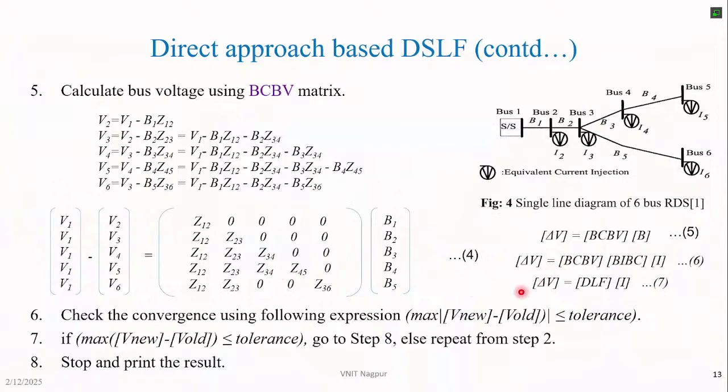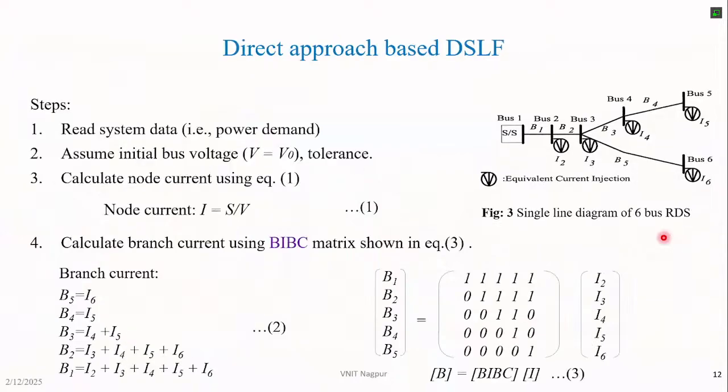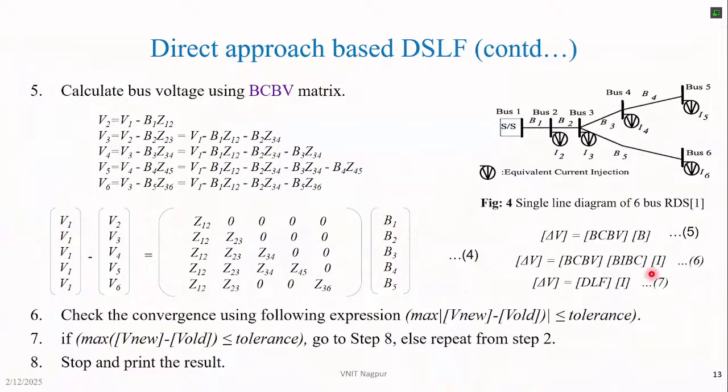In the earlier page we have seen how we can represent the branch current with respect to I. If you remember equation number 3, this branch current is equal to the BIBC matrix into I. So if we put the same value in equation number 5, it will look like what is shown in equation number 6.